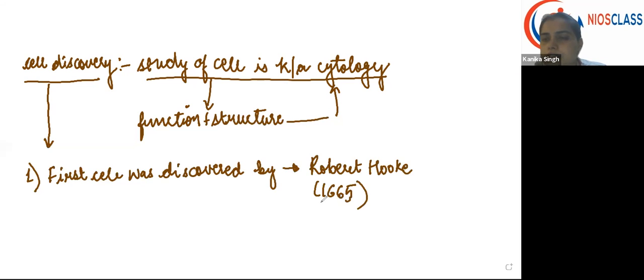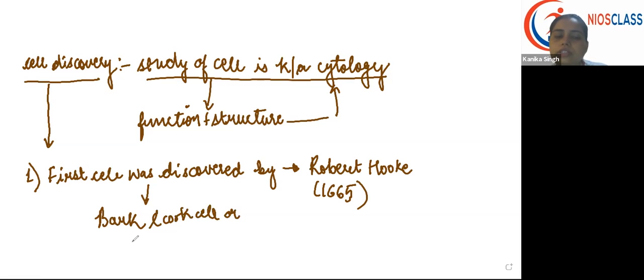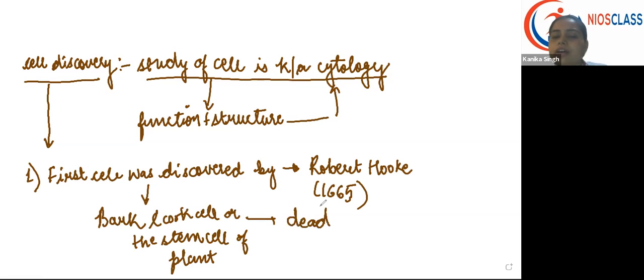In year 1665, he discovered the first cell. He took the cell of bark, or the cork cell, or the stem cell of a plant. And this cell actually was a dead cell. This cell which he discovered was a dead cell.